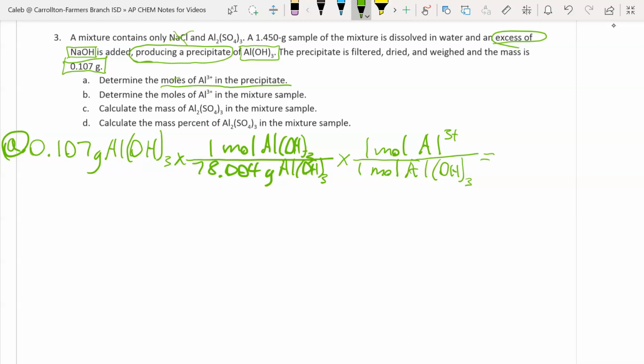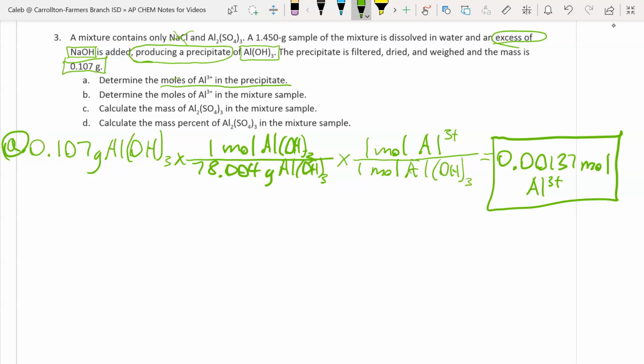Either way, you're going to get 0.00137 moles of Al3+. That's part A. Part B, determine the moles of Al3+ in the mixture sample.